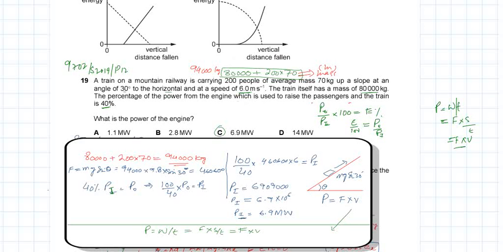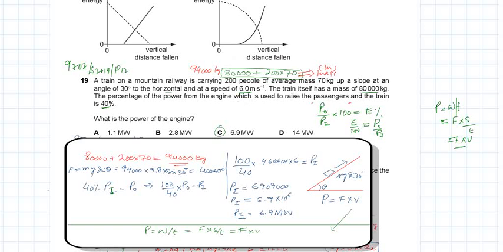So distance over time is speed because the speed is constant. So the another formula of the power is force times speed. So the 40% of the input power is being used and it equals the useful power output. So we can calculate the power output as force times speed.